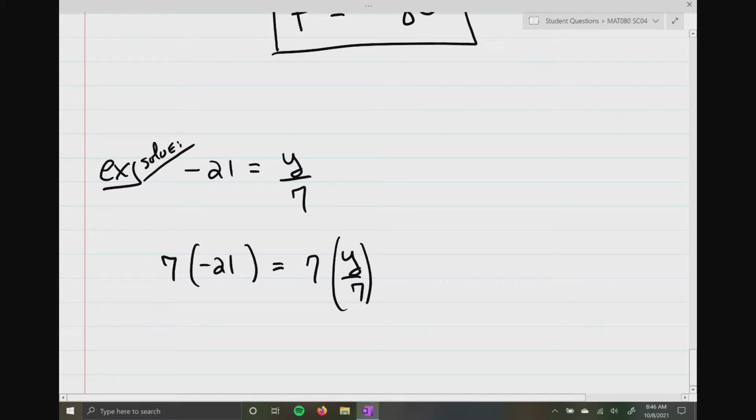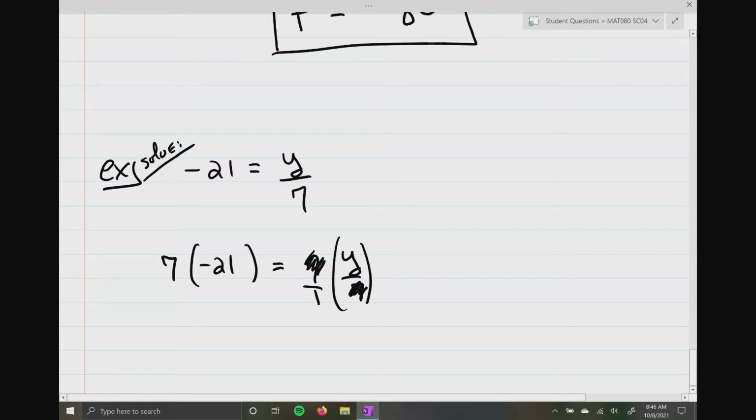Now, the whole reason why we are doing this is exactly what Kim said in the previous problem. On the right-hand side of the equation, where the variable is, the 7 out front is really 7 over 1. And we have a numerator that's a 7, and then we have a denominator that's a 7. They will reduce. That is the whole reason why you do this. And you're going to hear me say this a lot.